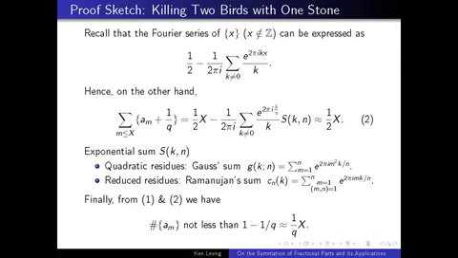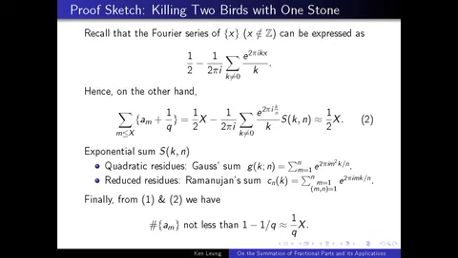On the other hand, since the fractional part function is a periodic function with period 1, we can do a Fourier transform so that it is expressed here as some sums of the exponential function. And hence we have the fractional part sum is roughly a half times x, where x is the number of terms, with the error term involving the exponential sum.